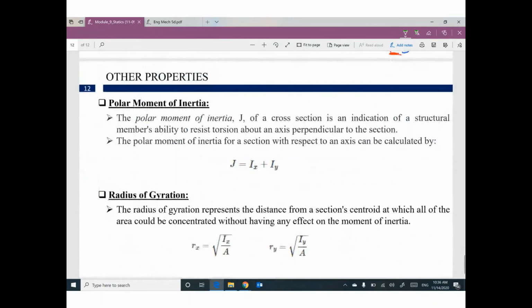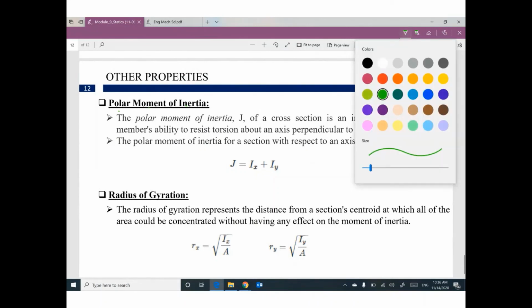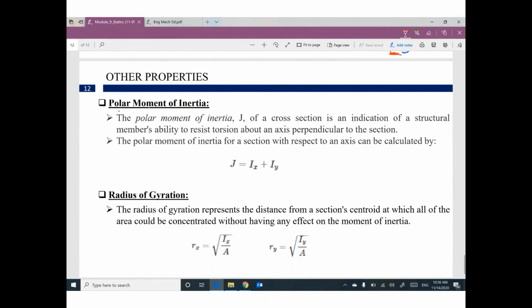Finally, we have another property, called the polar moment of inertia. The polar moment of inertia will be used to figure out the effect of torsion. It's out of the scope of this course, but by the way, if you add Ix plus Iy, you get the polar moment of inertia.